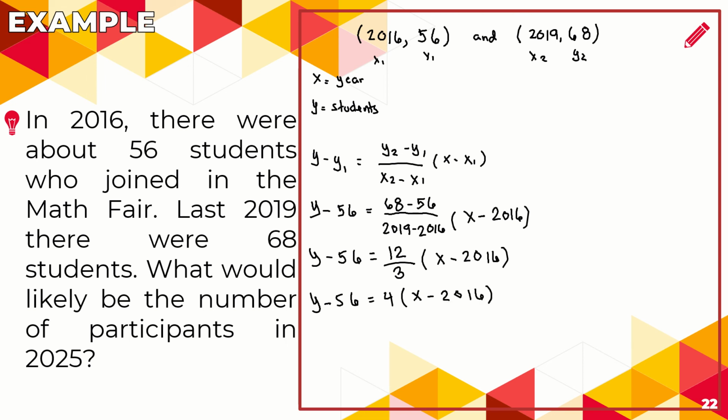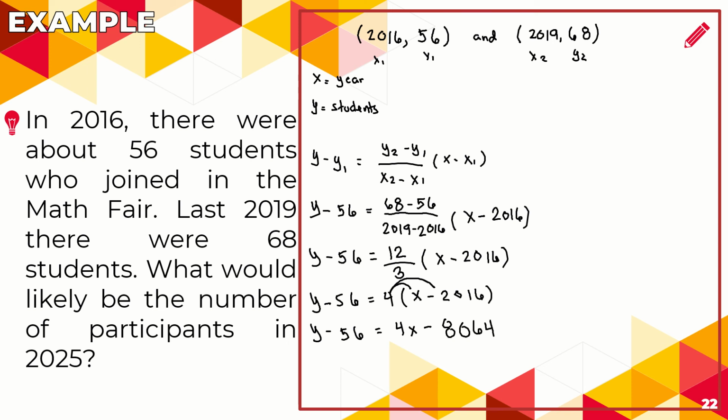So distribute the 4 in our binomial. So y minus 56 equals 4 times x. We have 4x, and 4 times 2016 equals, correct, negative 8,064.